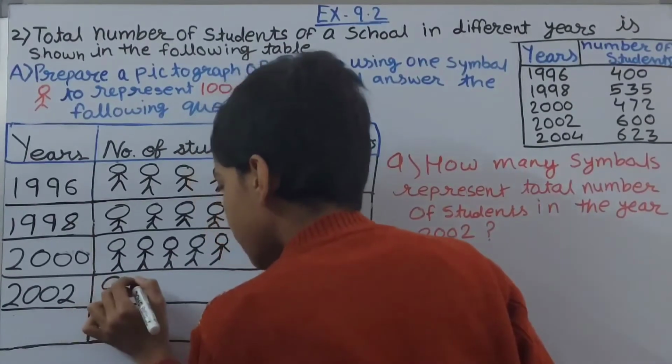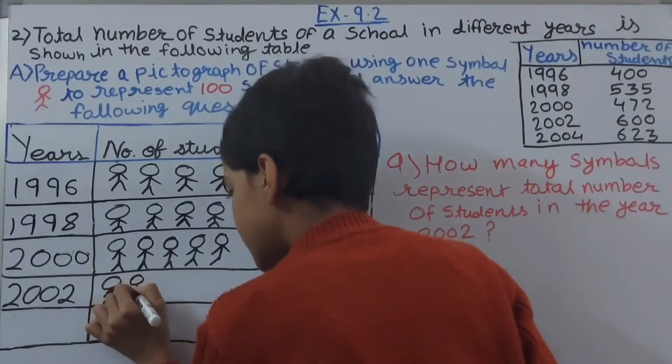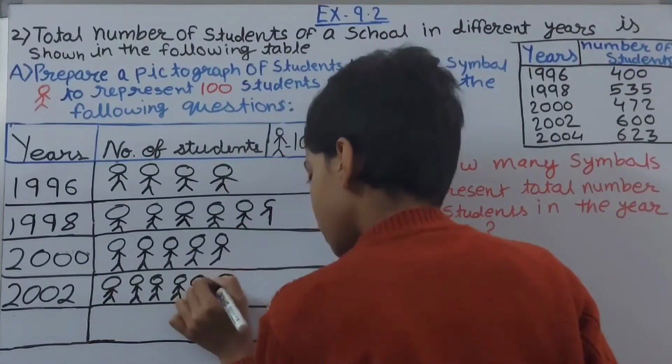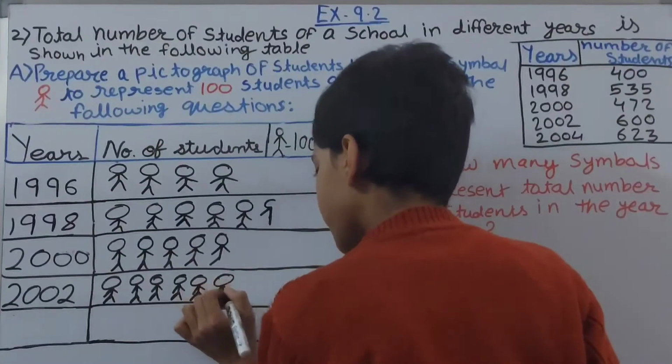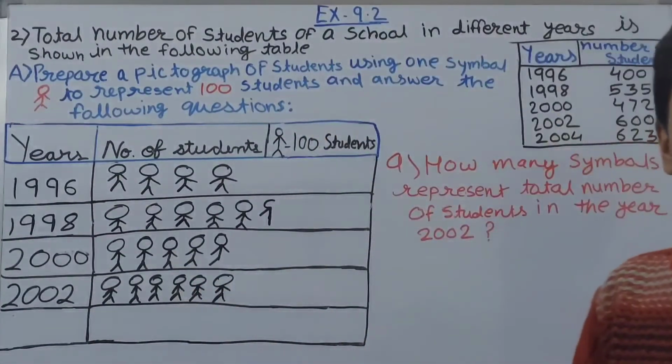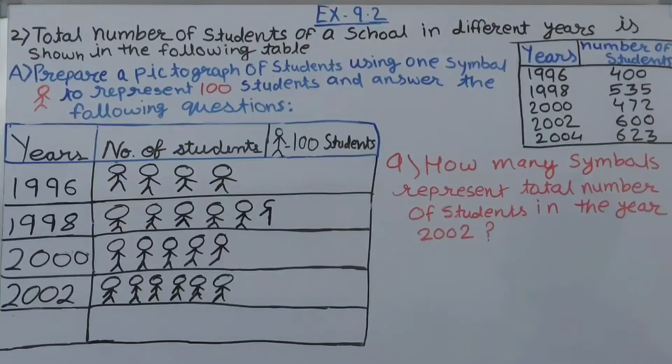First one over here, second one, and the last one, that is the 6th one. So you can see we have made the 6 symbols which are representing 600 students.